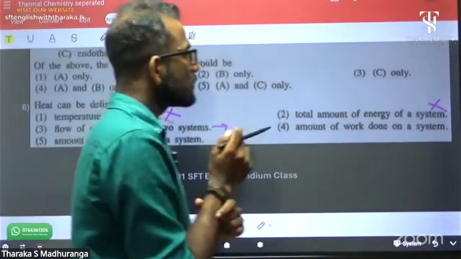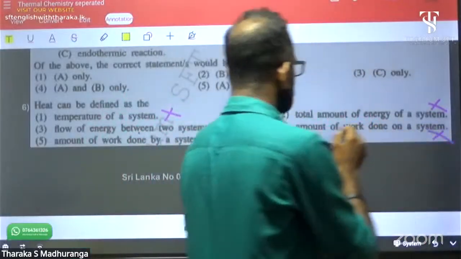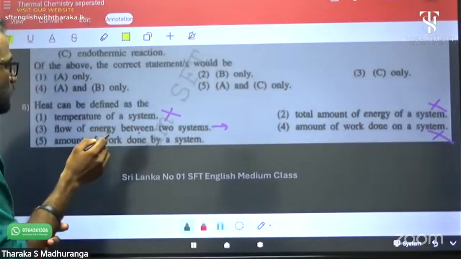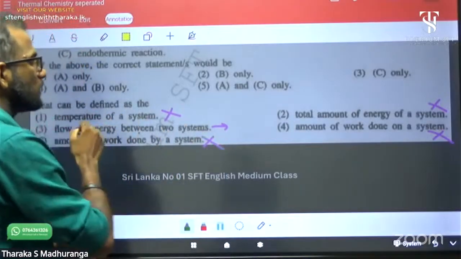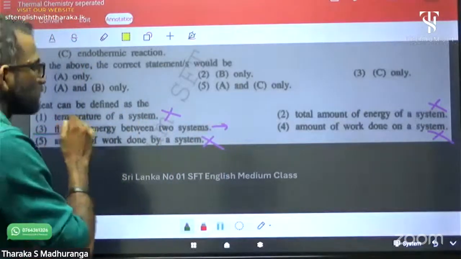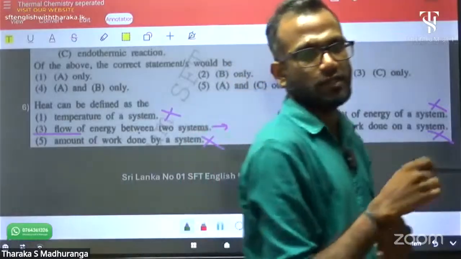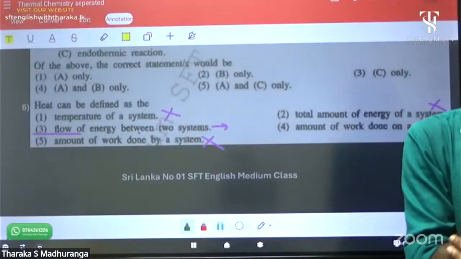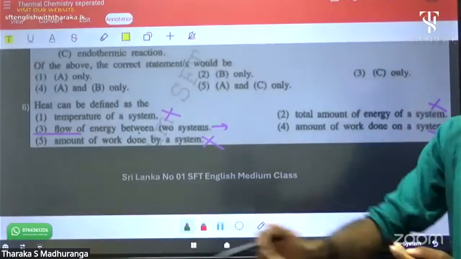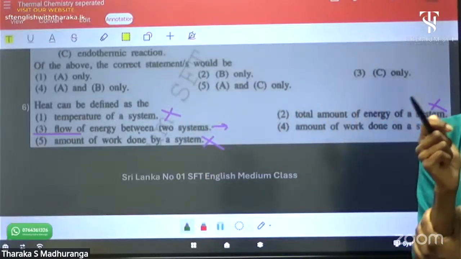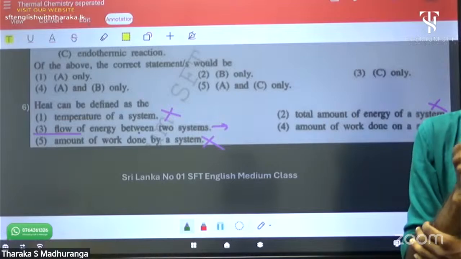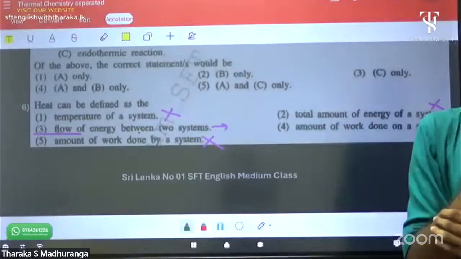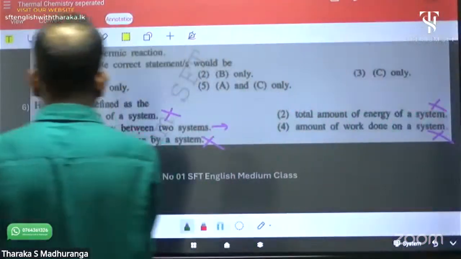The amount of work done on the system is not the heat. Amount of work done by the system is not the heat. Then the most accurate answer is 3. Right? It is not the exact definition, but all other answers are wrong. That one is a bit right. I got it. Right.